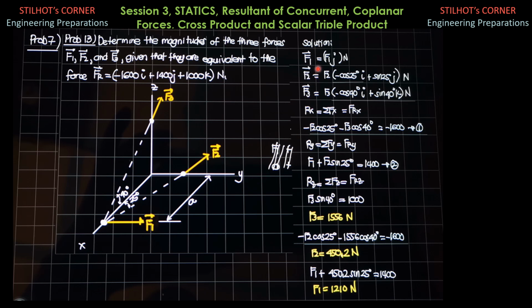F1j, the magnitude of F1, then j. The x and z components are 0. Then F2 is directed backward and to the right. So Fx is negative, Fy is positive. The magnitude of F2 is F2, and this angle is 25 degrees.